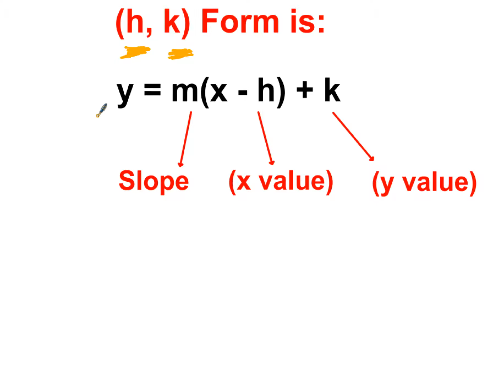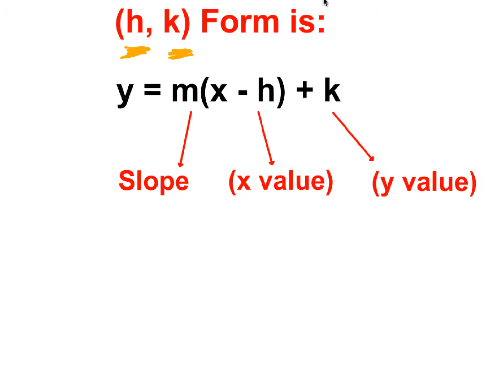It's not necessarily the y-intercept or an x-intercept, it's just a point that's on the line. We're plugging it in, and it's being replaced by h and k here. The h is the x value, the k is the y value, and this would work every single time.